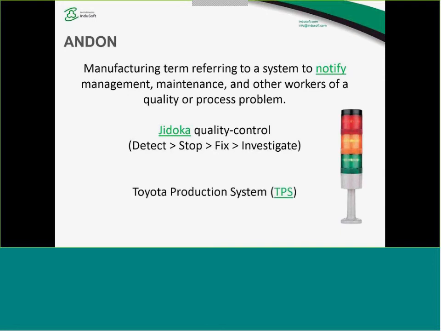It's also part of the Toyota Production System, TPS, which nowadays is also known as lean manufacturing. So it's one of the modules required to implement and improve lean manufacturing, reducing costs, reducing waste, and being as productive, efficient, and effective as possible in a manufacturing process.